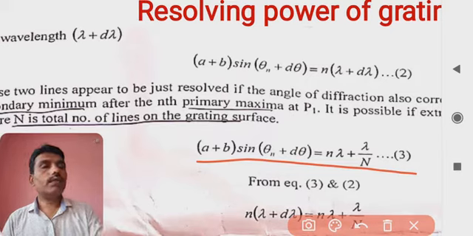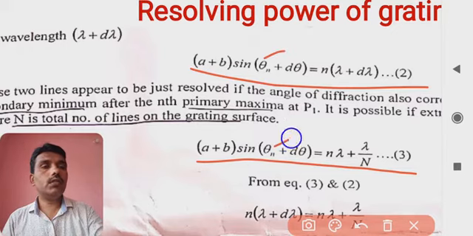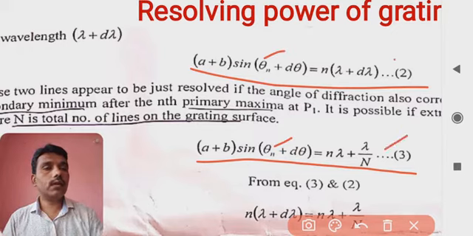So from equations 2 and 3, the left hand sides are equal, so the right hand sides must be equal.